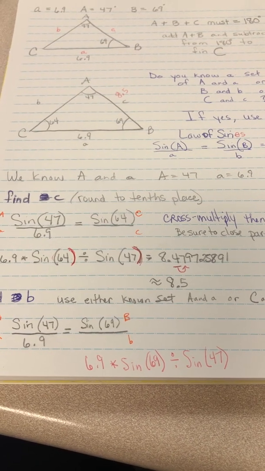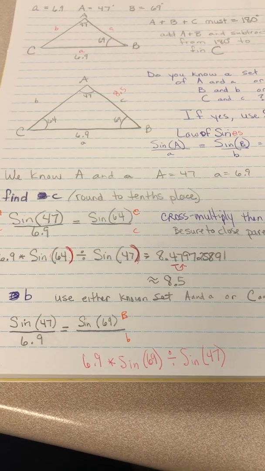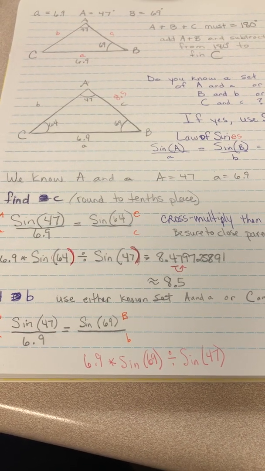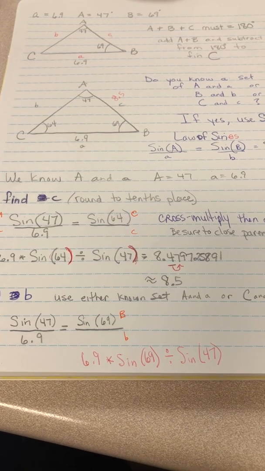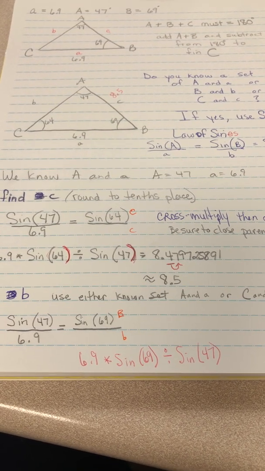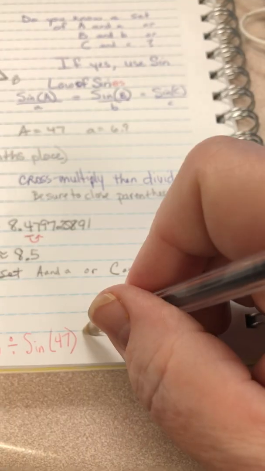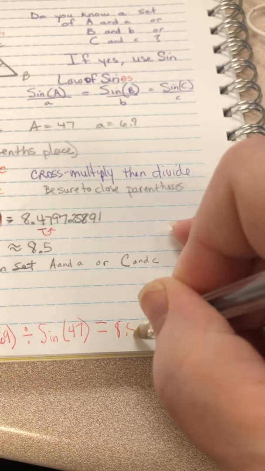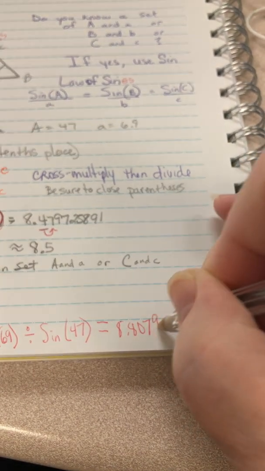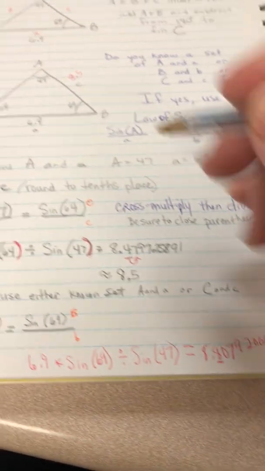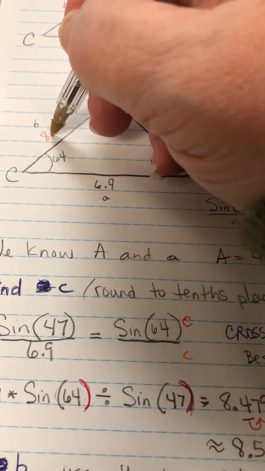Close that second parenthesis. Divided by sine of 47. Close that parenthesis. All right, this one comes out to 8.807920065. So the tenths place, that would make this 8.8.